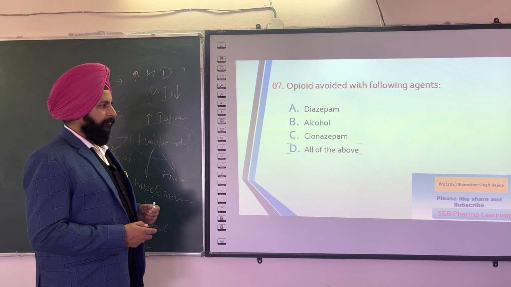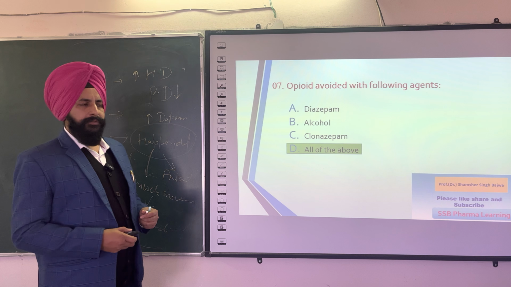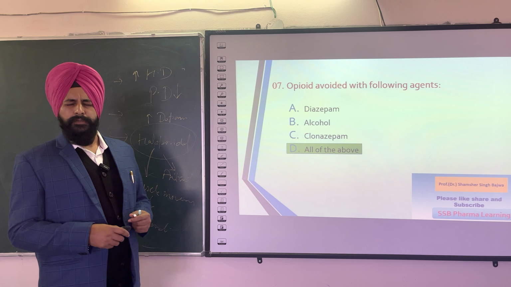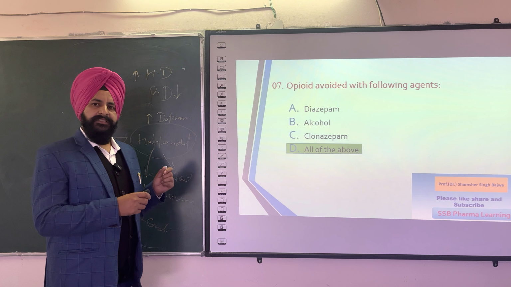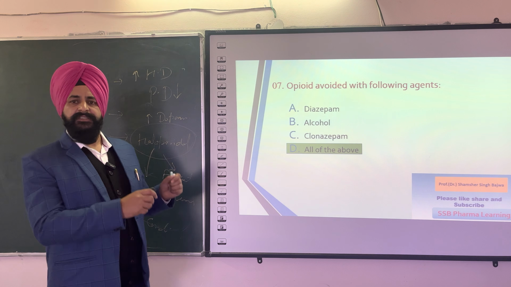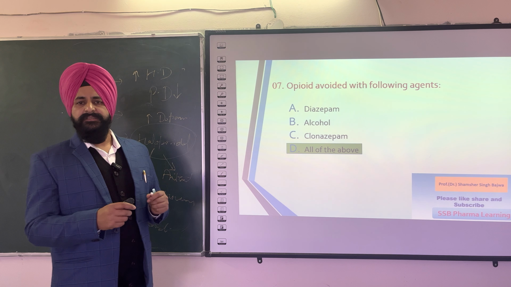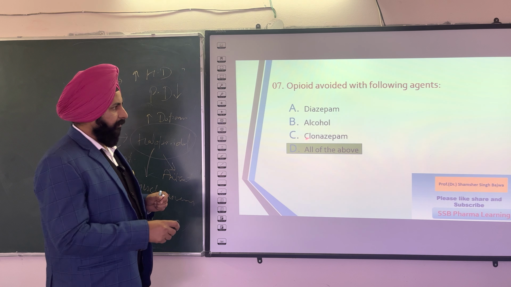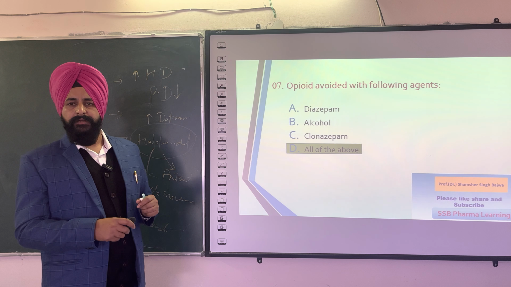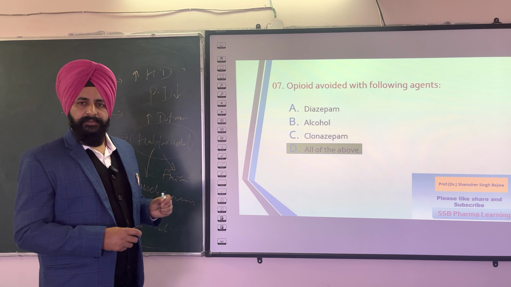The right answer is all of the above. You know that whenever you take it along with diazepam, alcohol or clonazepam, it causes CNS and respiratory depression. The first will be the respiratory depression followed by the CNS depression. So that's why you know that opioid should never be used along with diazepam, alcohol and clonazepam.